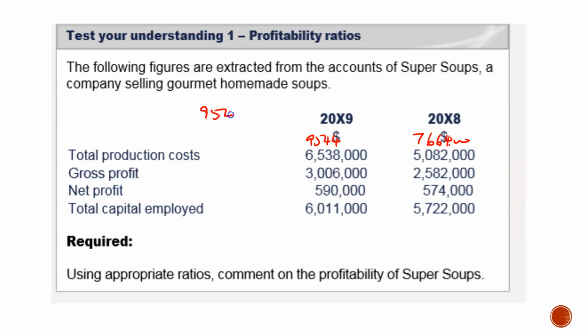So I have 9544 divided by 6011 here, and I have 7664 divided by 5722, and I can actually do that.